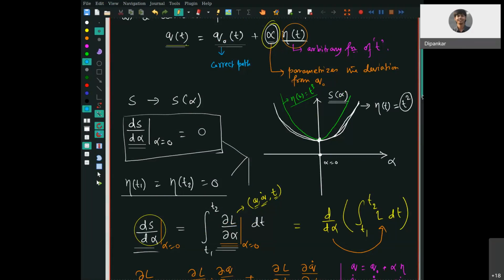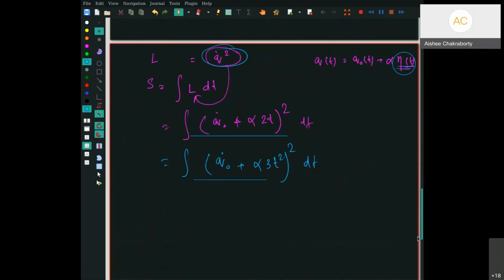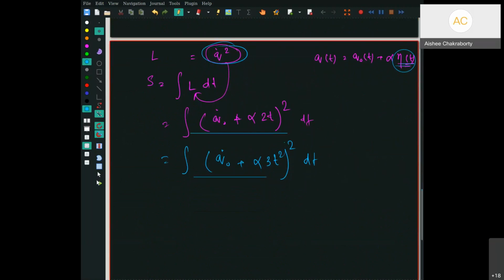It means the form remains the same. It has a complicated dependence on alpha. I have never specified the dependence on alpha. I said that it depends on alpha. Alpha does not vary with time. Alpha is a parameter.